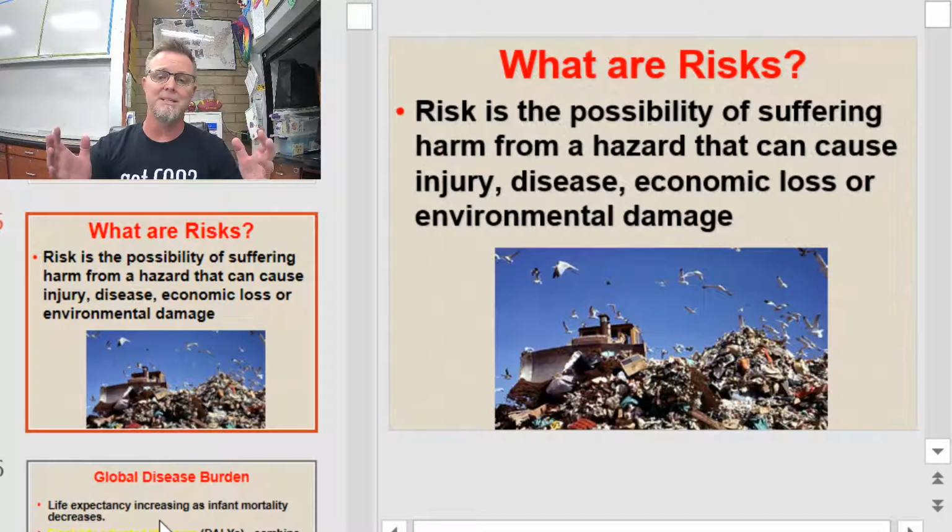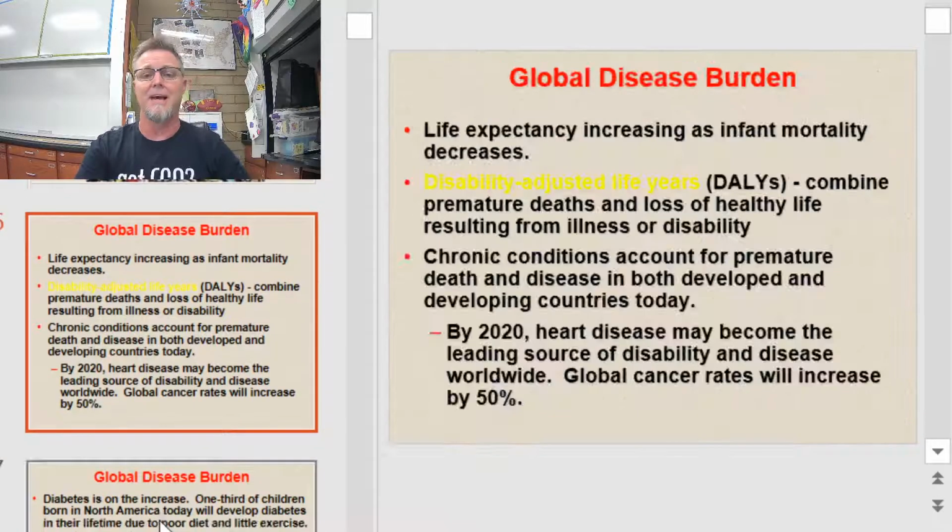Now, I don't want to scare you, but the reality of it is there's a lot of risk in the world today, but as humans, as a species, and even as individuals, we're doing an okay job managing it. Like, we're all right. We're doing good. And how do I know that? Well, look at this slide, global disease burden. The life expectancy of people on this planet has continued to go up generation after generation.